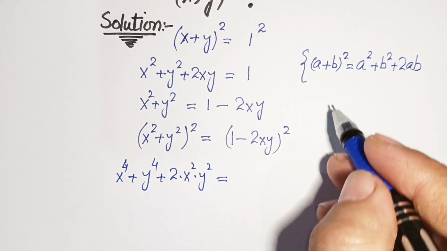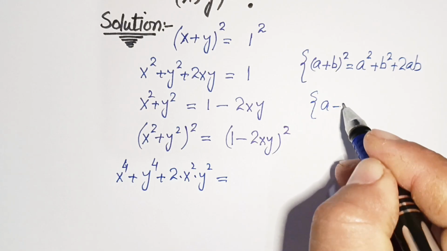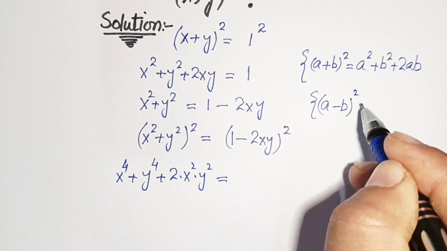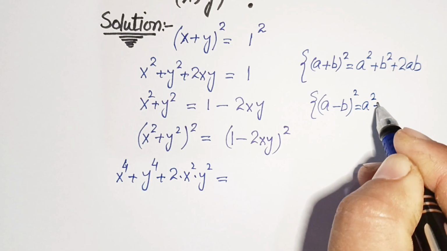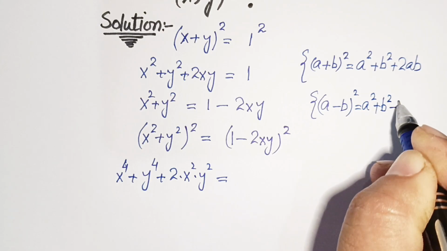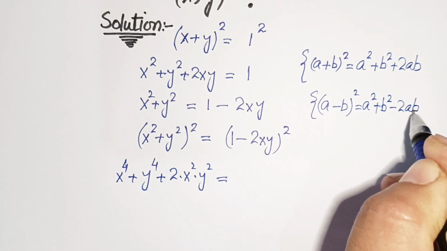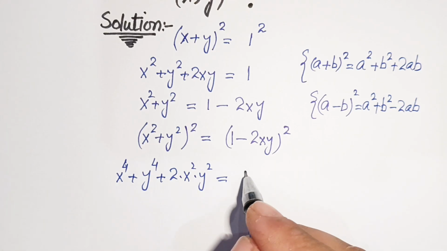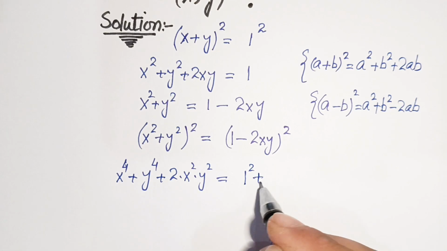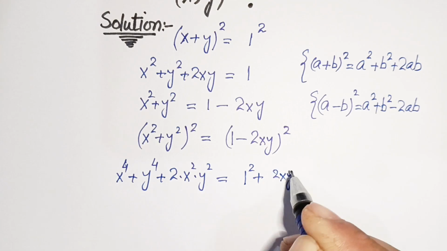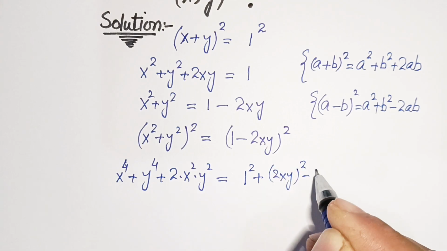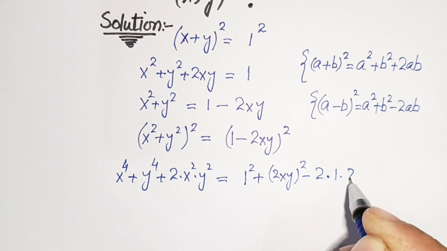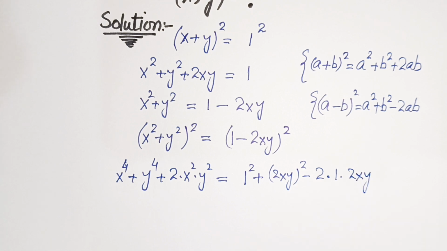On the right side we use a minus b whole squared, which is equal to a squared plus b squared minus 2 times a times b. So the right hand side will be 1 squared plus 2xy whole squared minus 2 times 1 times 2xy.